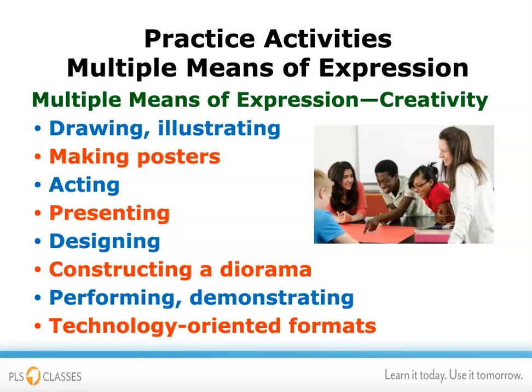As the introduction stated, we want to avoid repetitive and boring practice. By using multiple means of engagement, action, and expression, we maximize student involvement and enhance their desire to practice and learn.